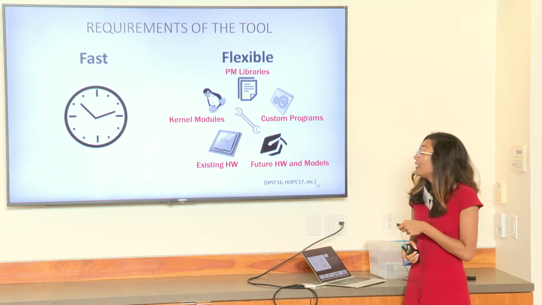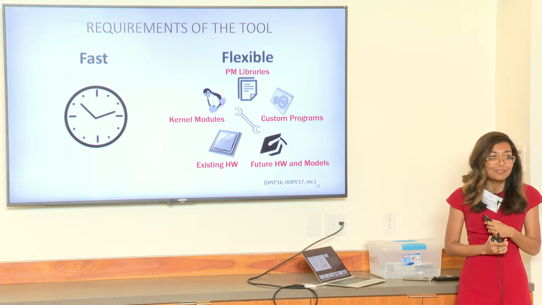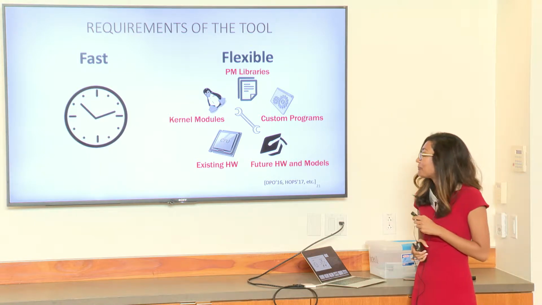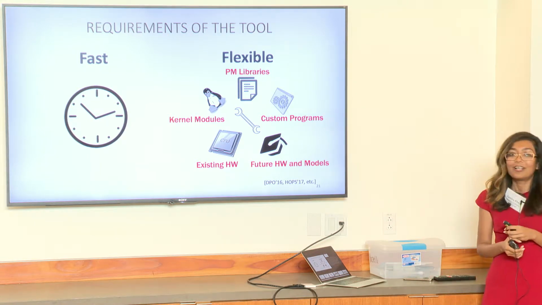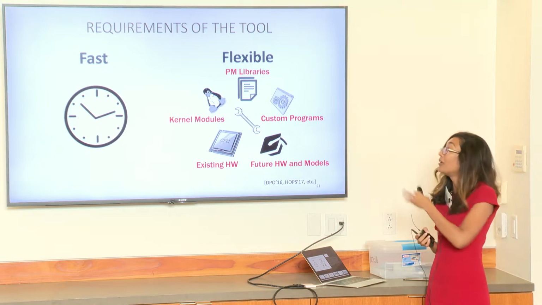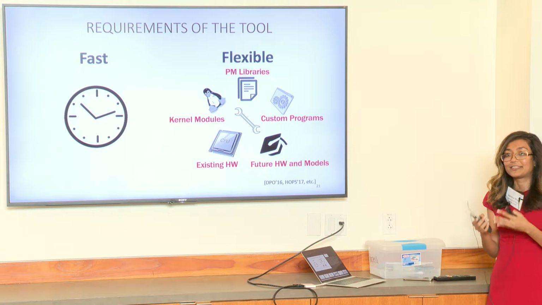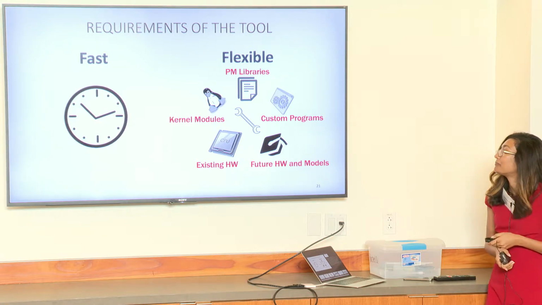And most probably we will have different types of hardware in the future to optimize all those system support. We don't want a different tool for all of them. We want to provide support with just one unifying tool.